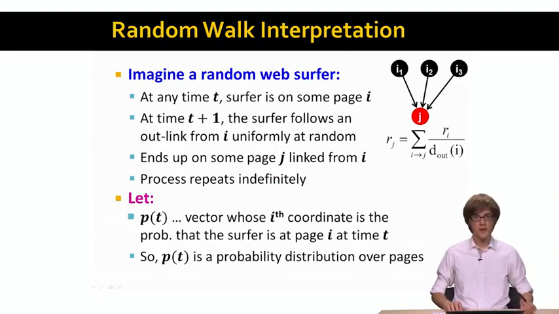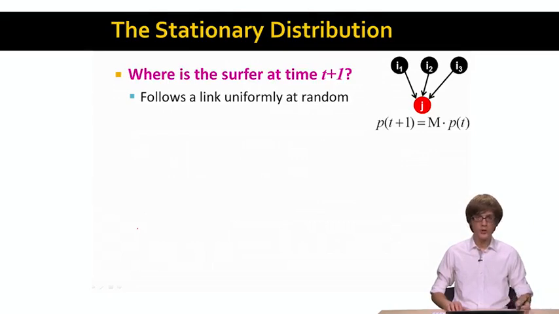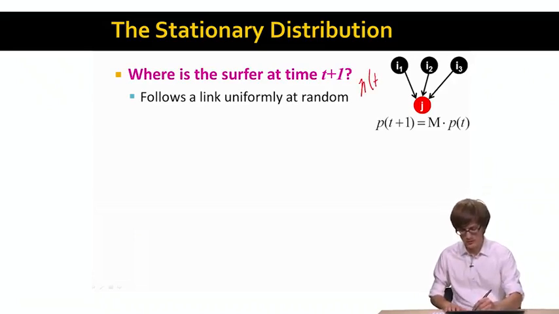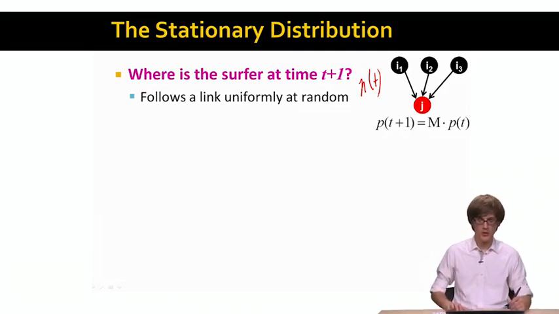Now that we have defined the process and the notion of p of t, the next question is: where is the random walker going to be at time t plus 1? Given the probability distribution p of t, where will the walker be at the next time step? The answer is very intuitive.